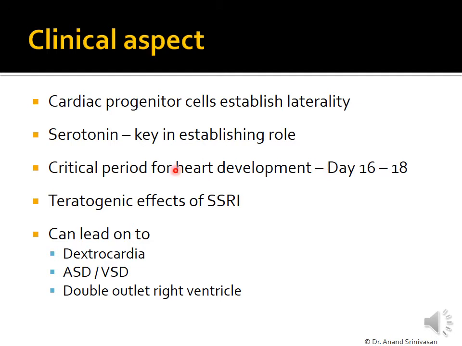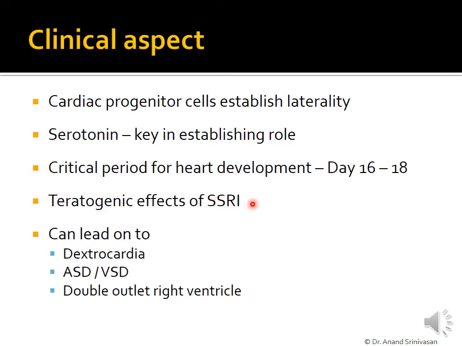And what happens if this serotonin is not secreted? For example, a mother who is taking one of these drugs, which is an SSRI, a selective serotonin reuptake inhibitor. So when they take this drug, the serotonin levels come down. It's one of the antipsychotic drugs.